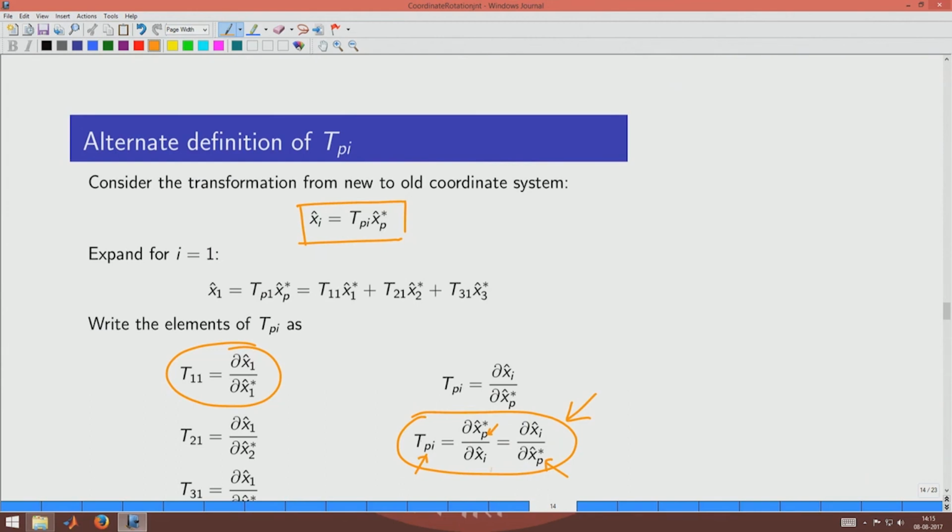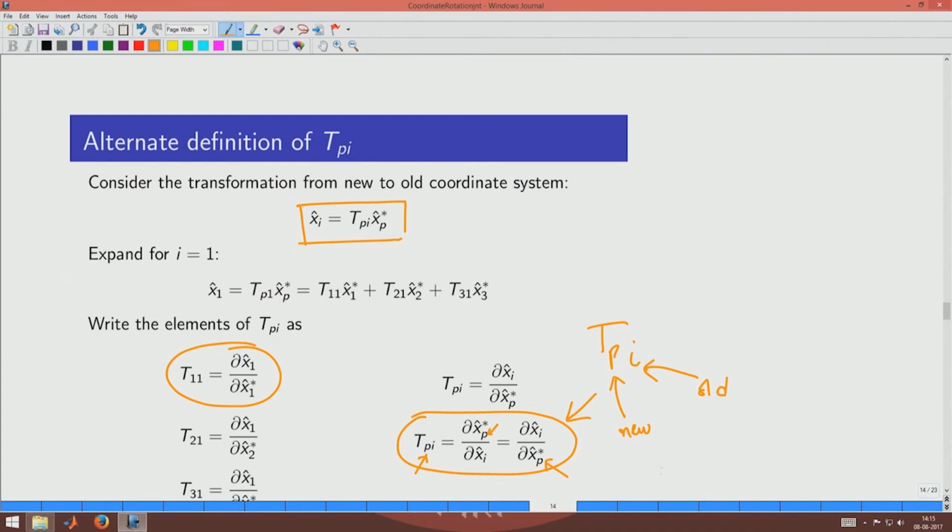So, it does not matter how you remember the expression of T, you just differentiate old in terms of the new coordinate system or vice versa, and as long as you are able to remember the position of the indices, the first position TPI we write. So, we remember that the first index corresponds to the new, second index corresponds to the old coordinate system, then the expression is going to be correct. So, if we make a swap here, then we will have a transpose of those matrices coming out. So, we should watch out for that.